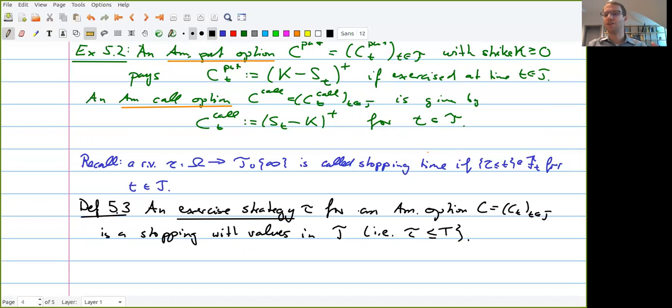So the idea of not exercising is actually included in our modeling by saying that the payoff is non-negative. So we can make this additional assumption that the stopping time is less than t, and still keep the idea that the buyer is not obligated to exercise the option. So that's no restriction.